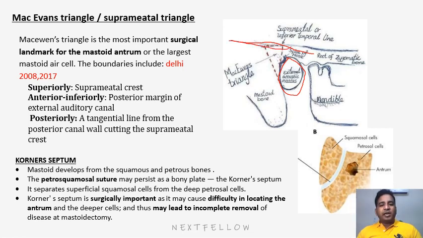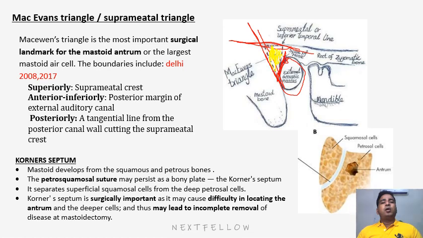Then comes the external auditory canal. If we look at the external auditory canal, there will be the spine of Henle. So a line is drawn from the spine of Henle to the suprameatal crest, and a tangential line joins the both. So this is the area. I'll mark it in yellow. So this is the area which is my McEwen's triangle.